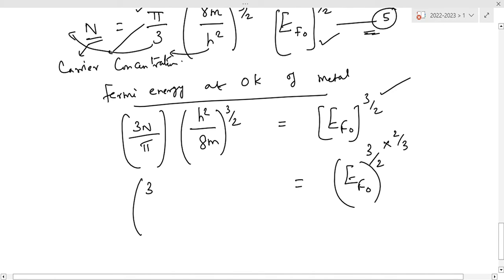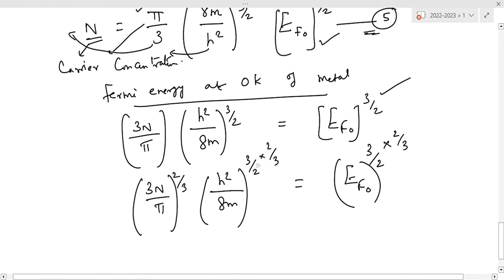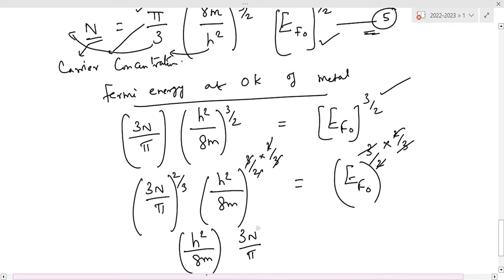So I get 3n by pi the whole power 2 by 3, h square by 8m, already we have 3 by 2 power, now with 2 by 3. So cancelling, we get h square by 8m, 3n by pi the whole power 2 by 3 is equal to EF naught.